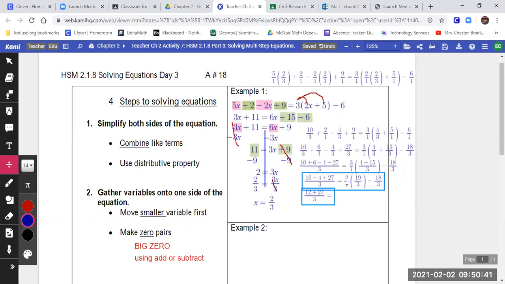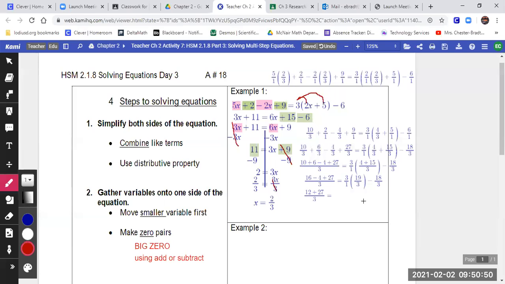Equals. This says that I have a 3 over 1 times a 19 over 3. And I notice I have a big 1 right here. I have a big 1 right there. So what's left? 19.